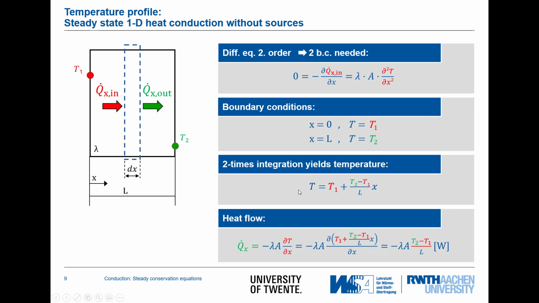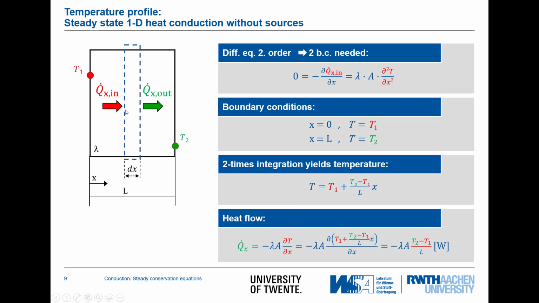And for the heat flux, if we are interested in the amount of heat that flows due to this linear temperature profile, because from the second derivative, which is equal to 0, the first integration results in a constant, and the second integration results in a linear profile.